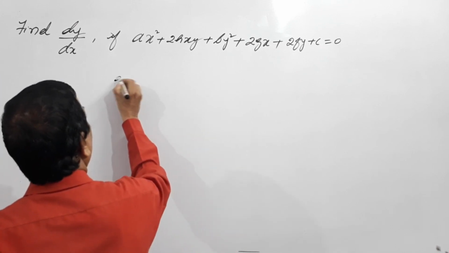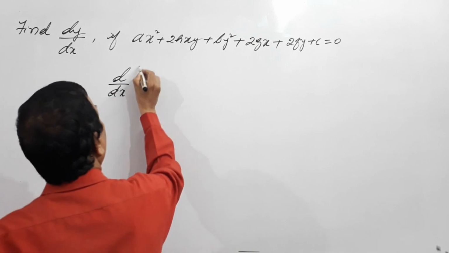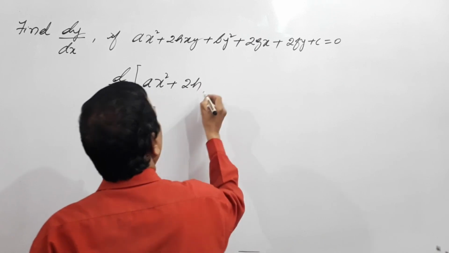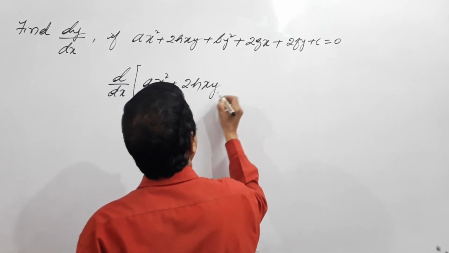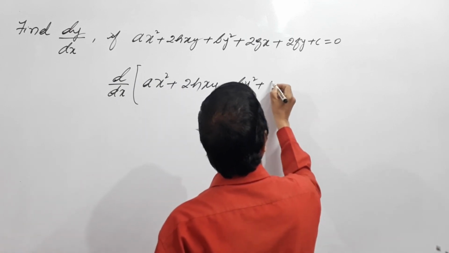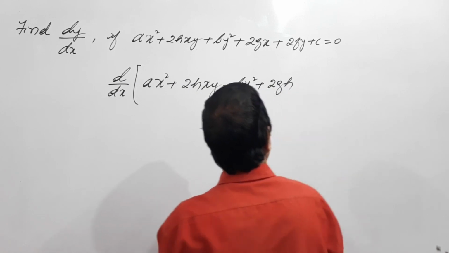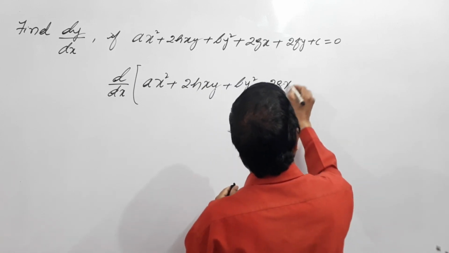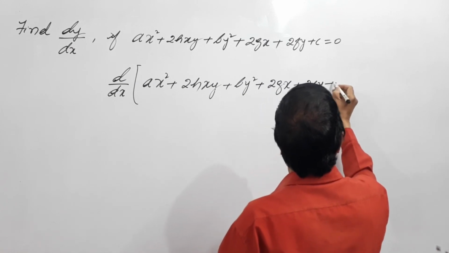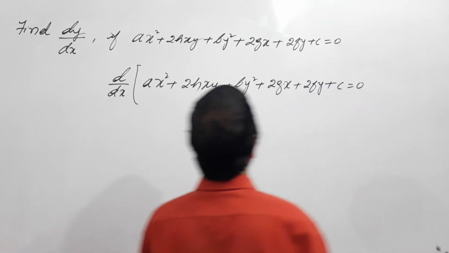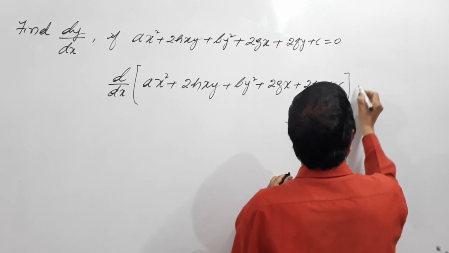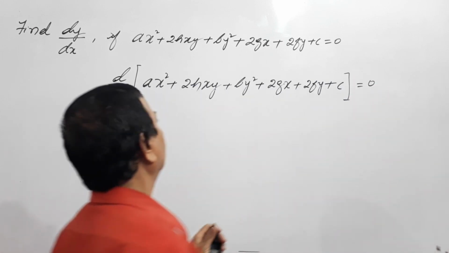That is d by dx of ax square plus 2hxy plus by square plus 2gx plus 2fy plus c equals to 0.